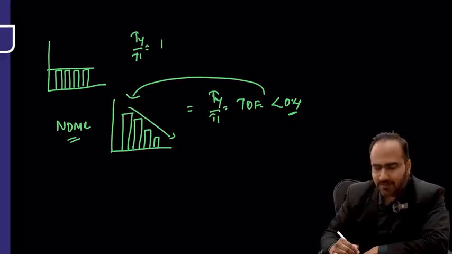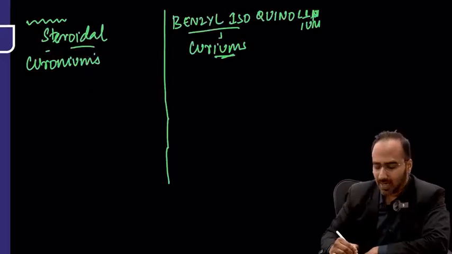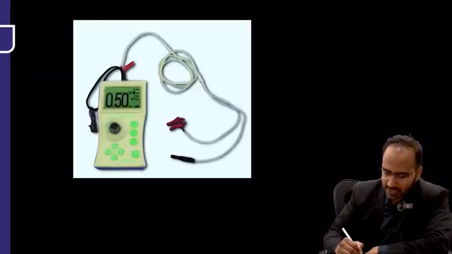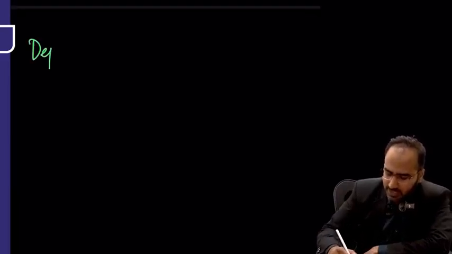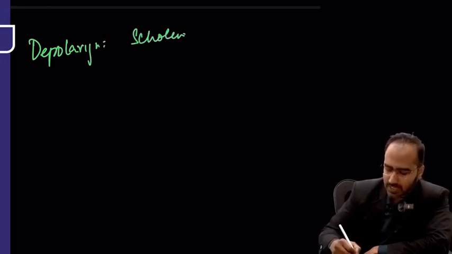Okay. So, anyways, we are discussing muscle relaxants, and as I was telling you, there are 2 categories of muscle relaxant. One category is called what, guys? The depolarizing. The other is the non-depolarizing. In the depolarizing category, we have scoline.